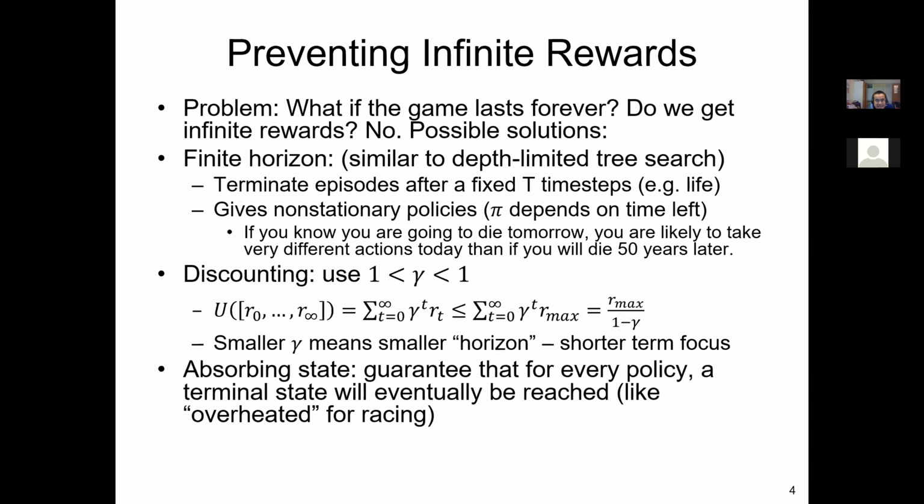So discounting is a more widely used, more common approach. You use a gamma discount factor, and the further away, more remote rewards are discounted more. The future is uncertain, just like your money in the bank.